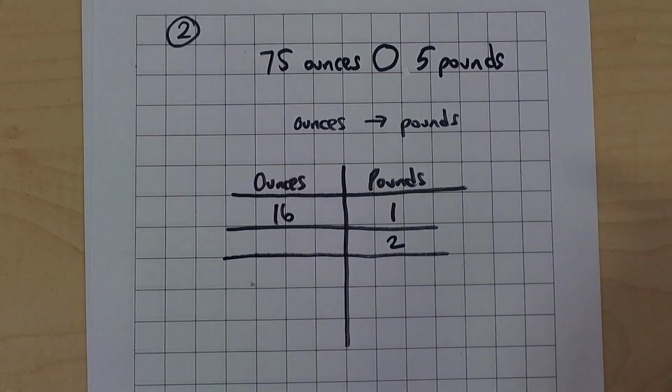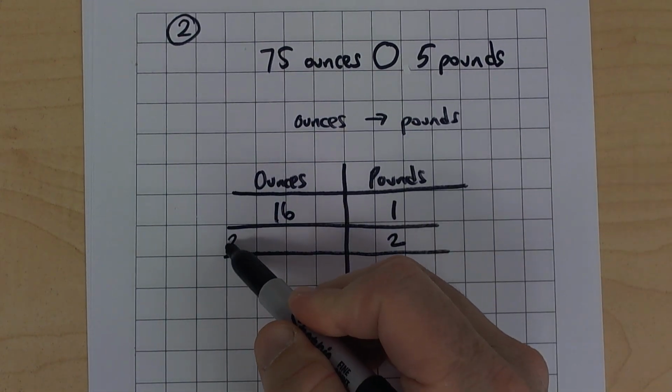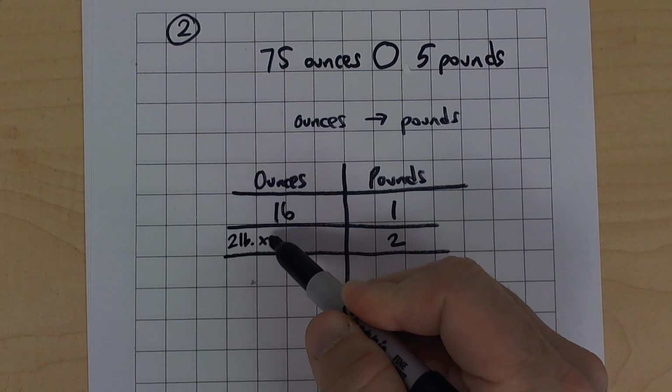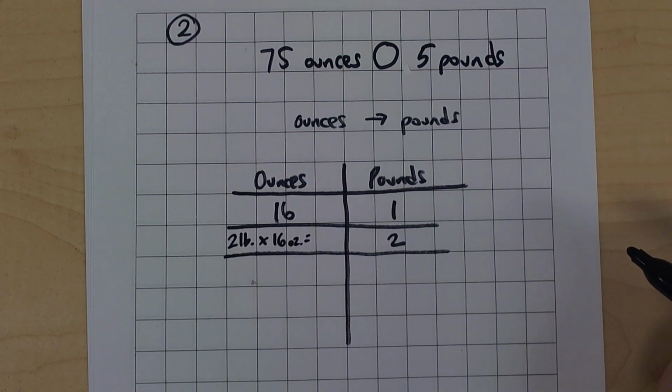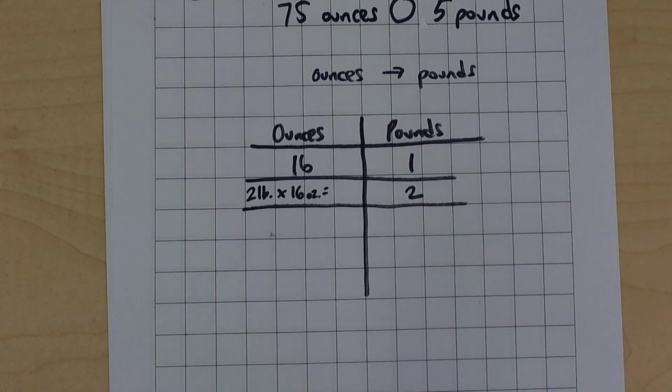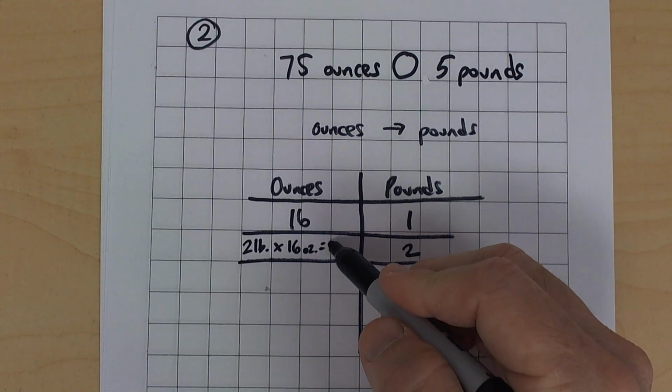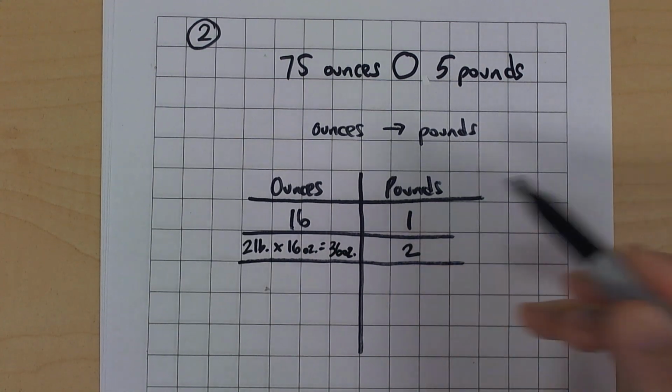So if I went to 2 pounds, 2 pounds would be like saying 2 pounds times 16 ounces, and if I needed to do that on a piece of scrap paper, again, I could do it over here or anywhere or on a Post-it. I know it's 36 ounces.